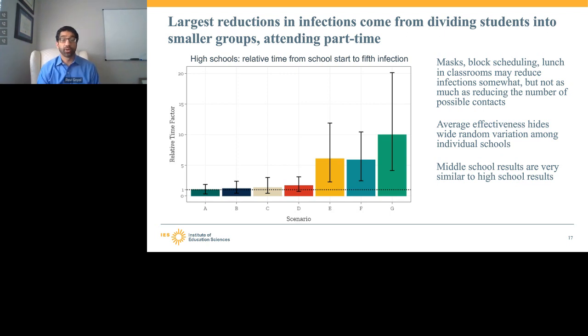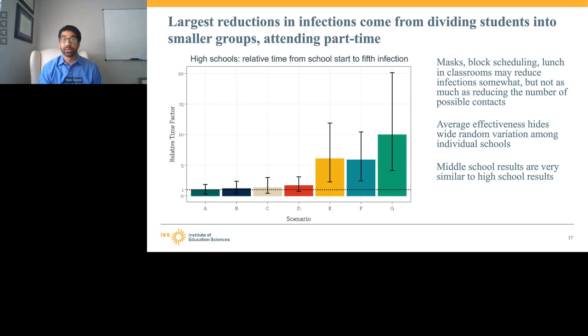For example, let us focus on the colored bars, in particular, scenario G, where students attend one in-person class a week. On average, if a school implements scenario G, they would have roughly 10 times the number of days before the 5th infection compared to scenario A, again, business as usual.